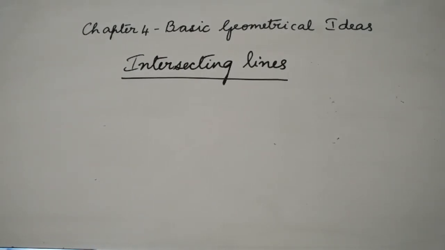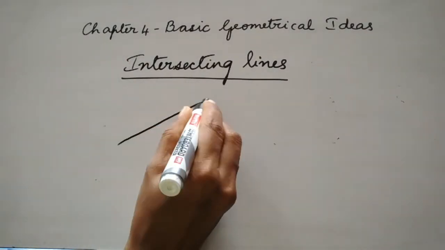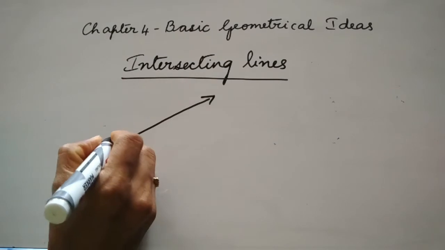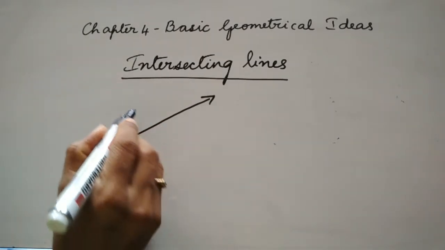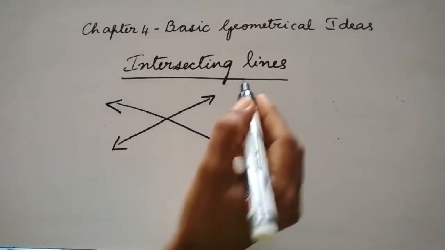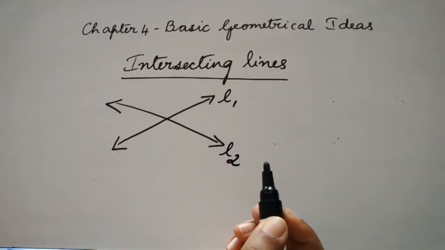If two lines have one common point, they are called intersecting lines. It means, for example, there are two lines here, denoted by L1 and L2.